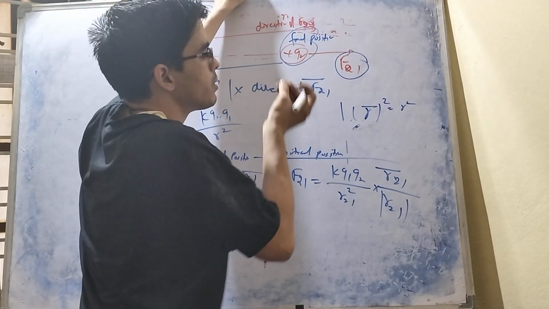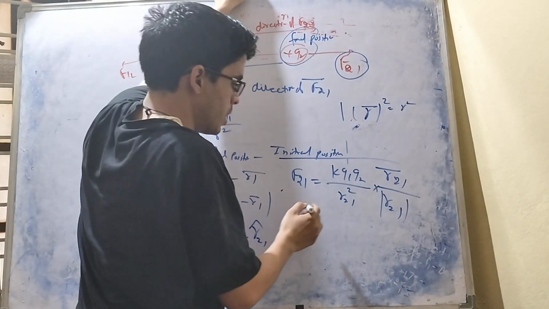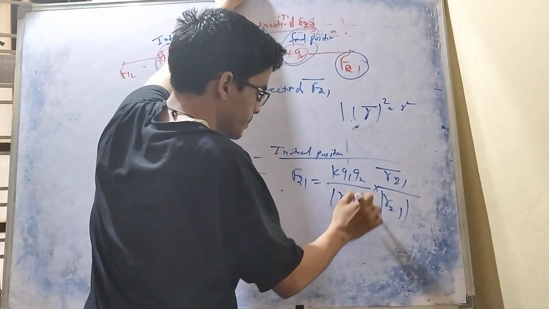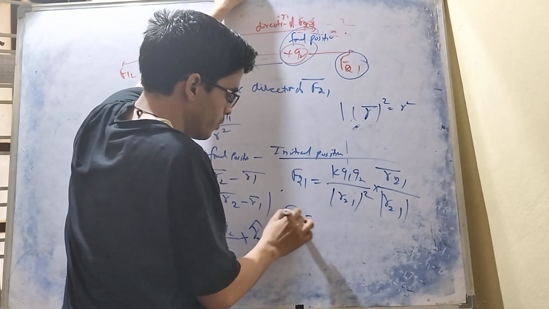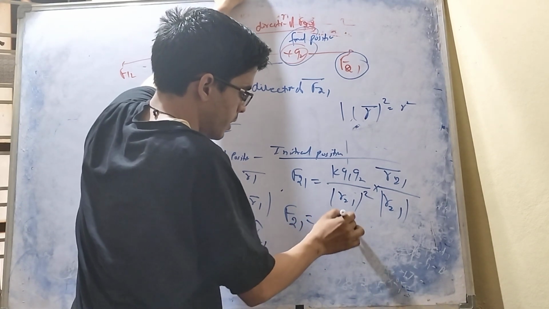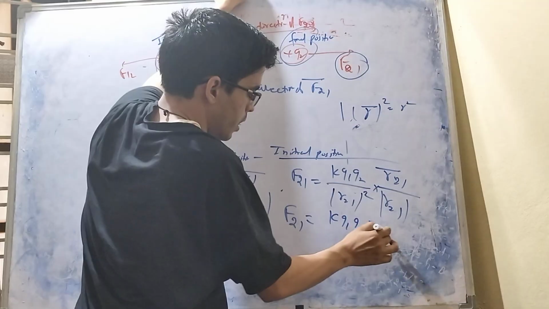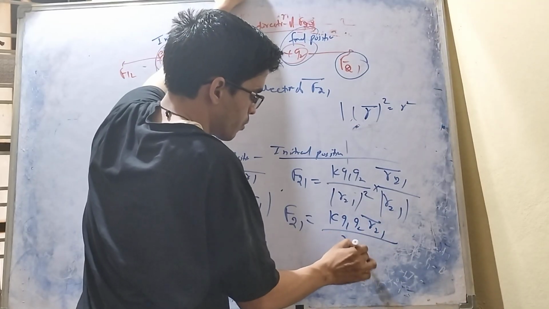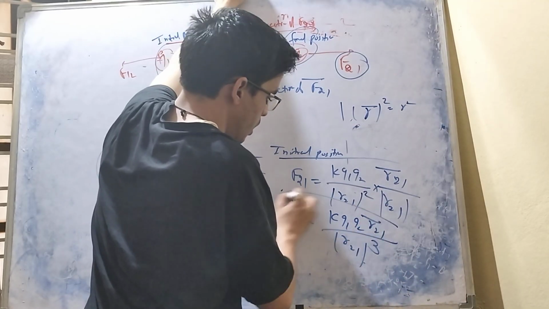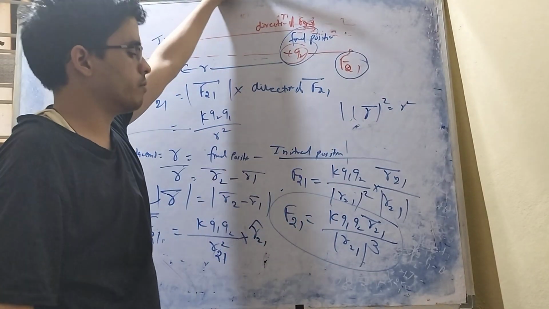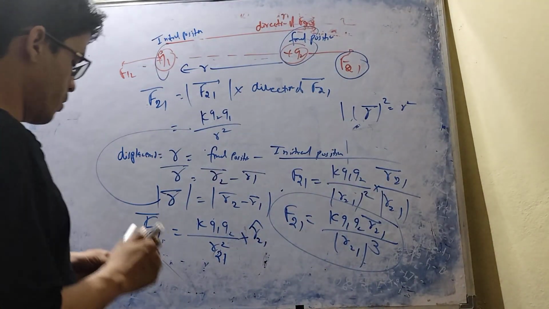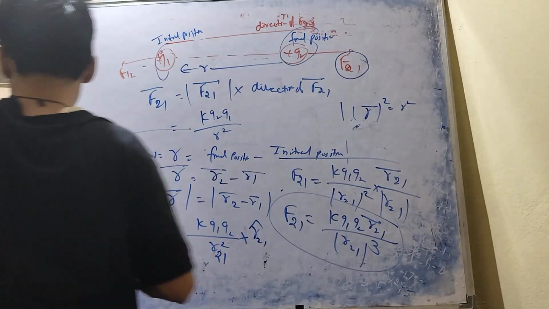Magnitude is nothing but the square of that vector. So if you write once again, this will be K Q1 Q2 R21 vector upon R21 mod cube. Check. So this is the vector form of Coulomb's law for the force on 2 due to 1.